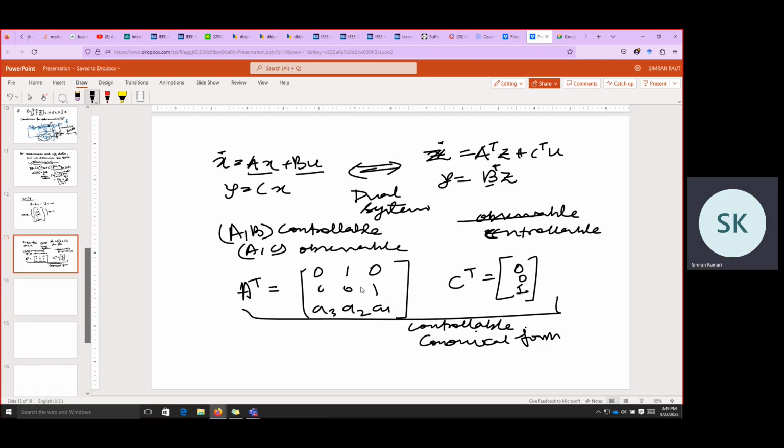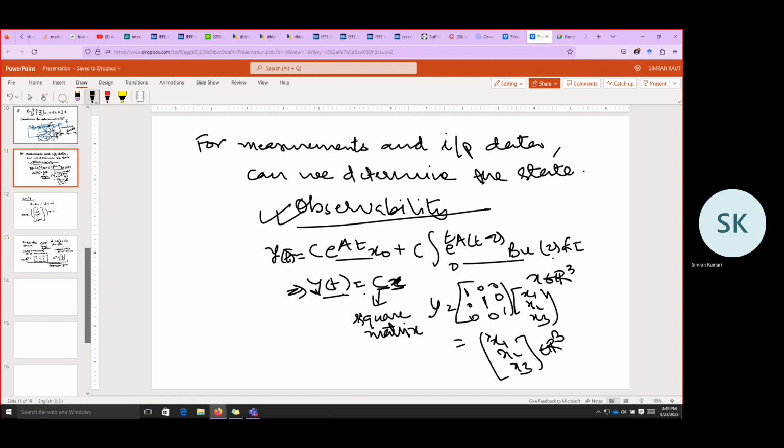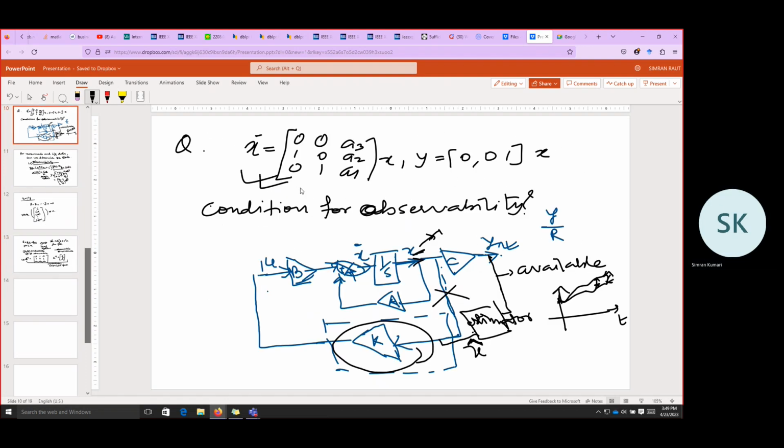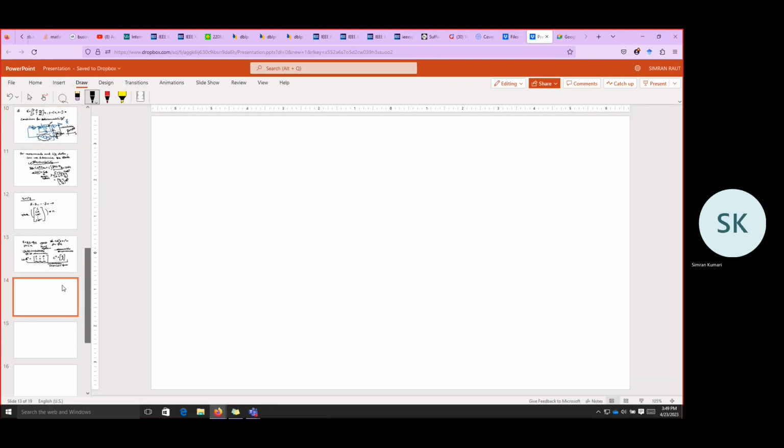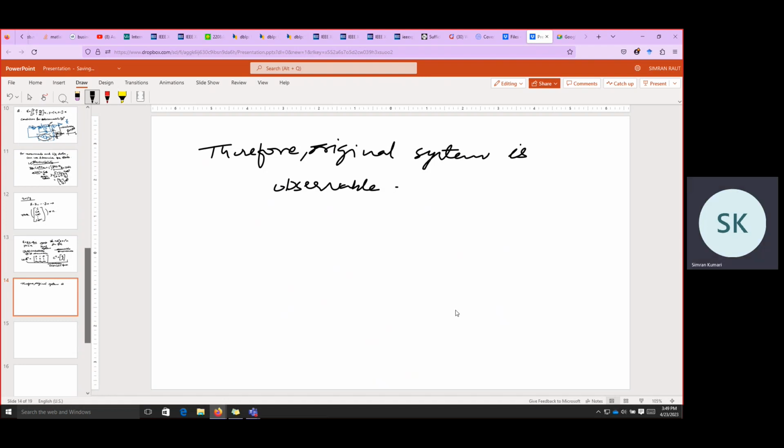So that means this system is always controllable, and therefore the original system is observable.